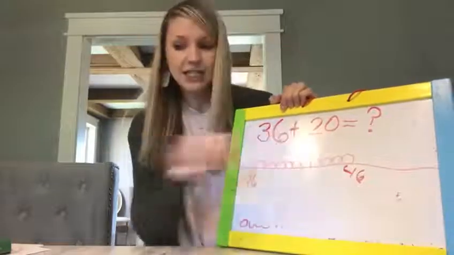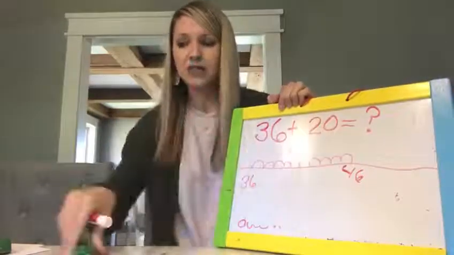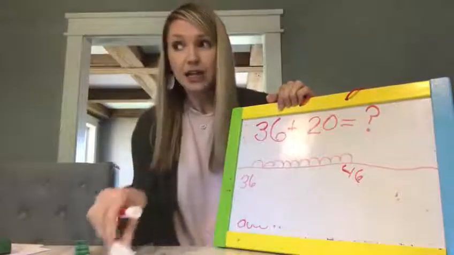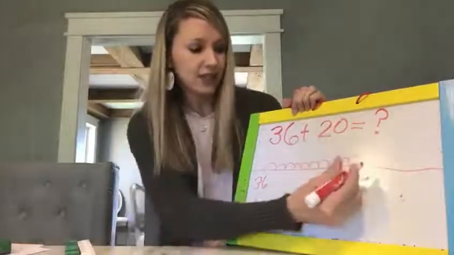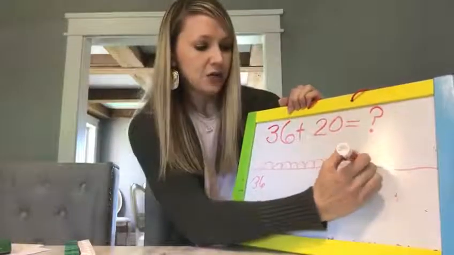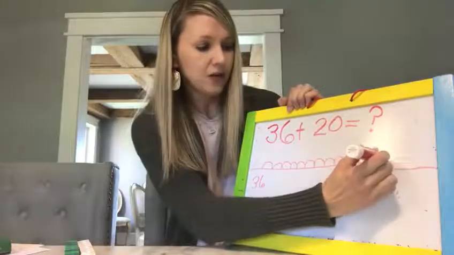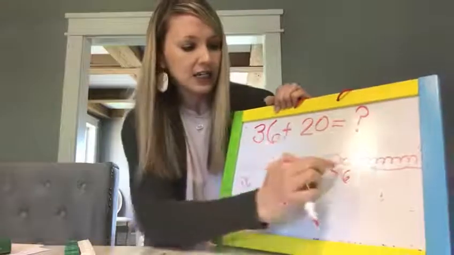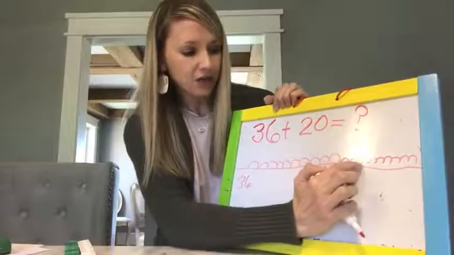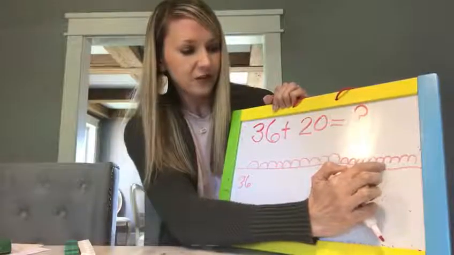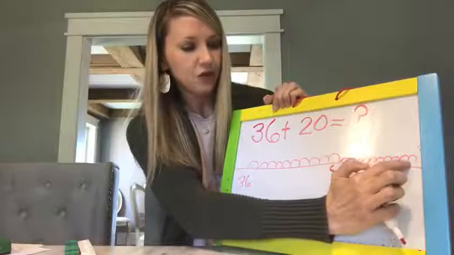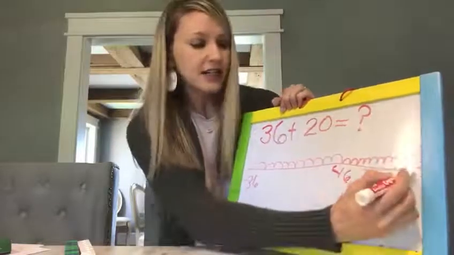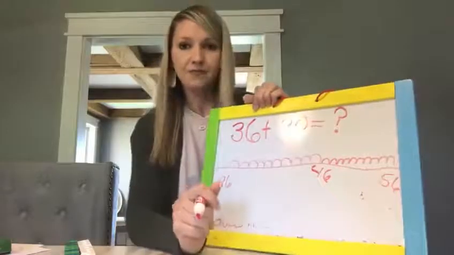But we only jumped 10. We only jumped one group of 10, so we need to jump another group of 10. So 46, so I'm going to jump 10. 1, 2, 3, 4, 5, 6, 7, 8, 9, 10. So 46, 47, 48, 49, 50, 51, 52, 53, 54, 55, 56. So I did that on a number line, okay?